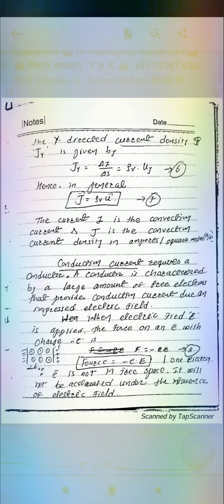So equation 8, that is, force is equal to minus e into electric field. Equation number 8 shows the force acting on one electron only due to the electric field.